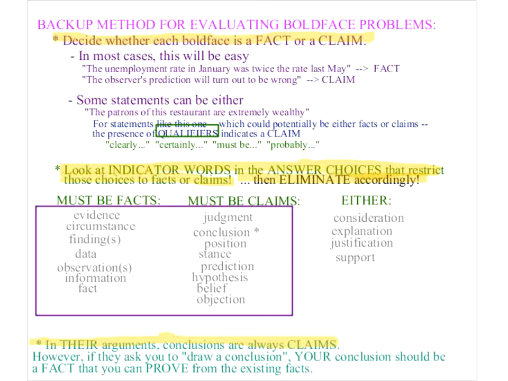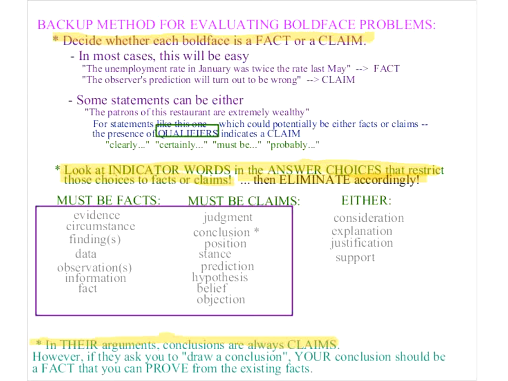So, okay, here's the problem at hand. Evidence has to be a fact, and circumstances are facts. So those answer choices are all gone.